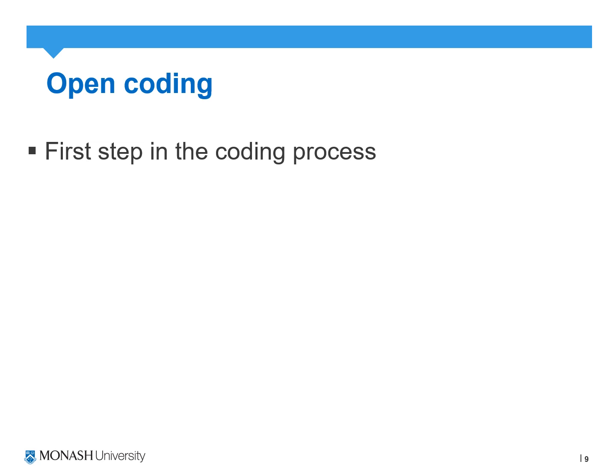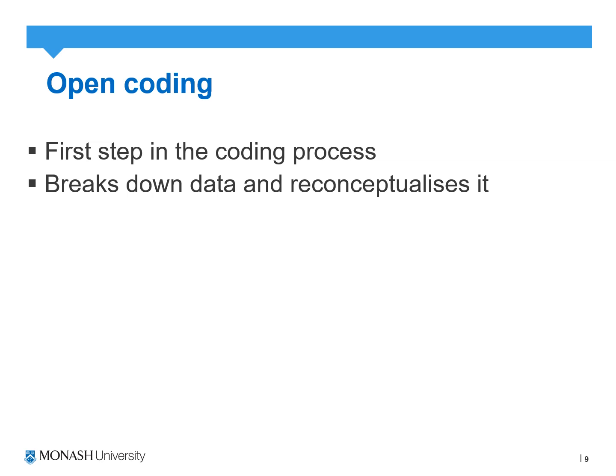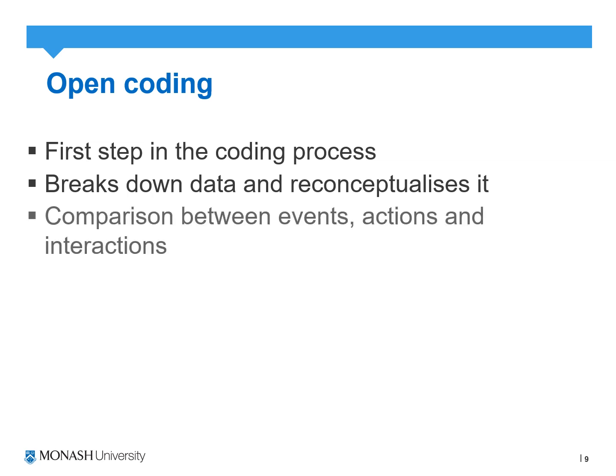So we'll work through this process of open, axial, and selective coding. Open coding is really the first step in the coding process. It breaks down the data and basically reconceptualizes it. So you're going through that initial highlight of the transcript, from which you'll then start pulling it together.